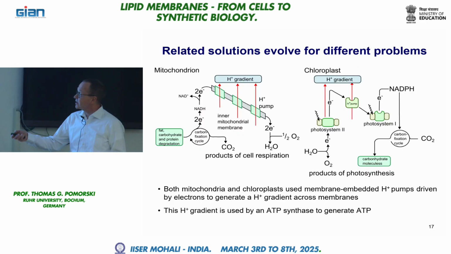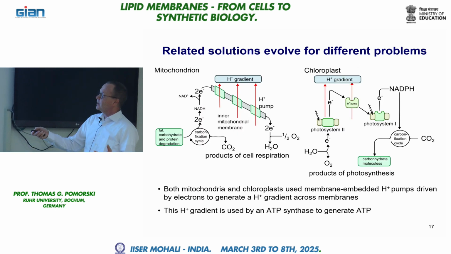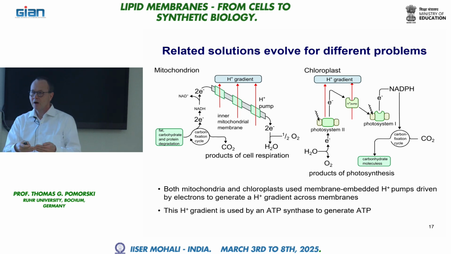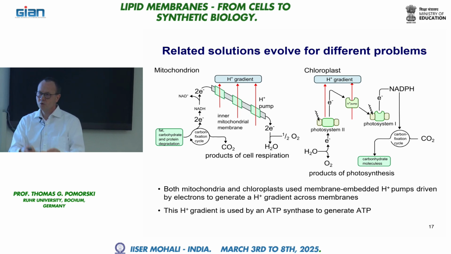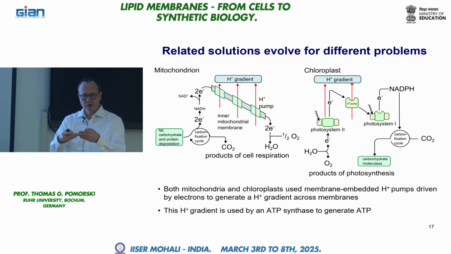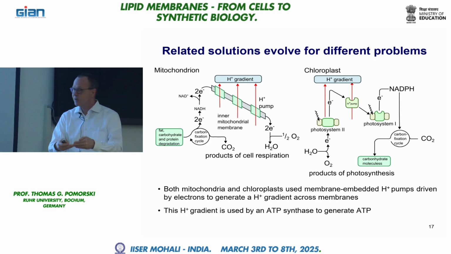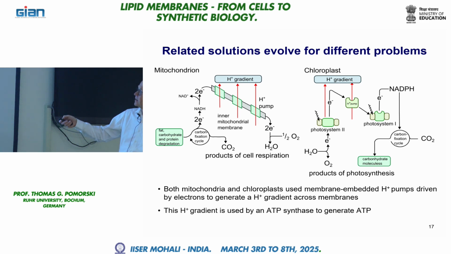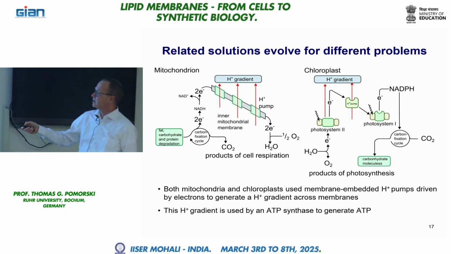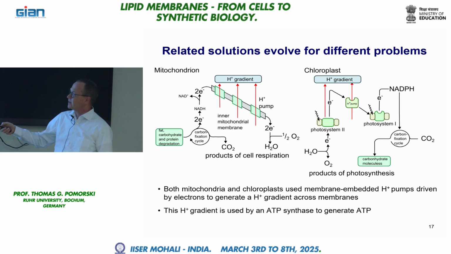Okay, so this is just a summary, showing that in evolution, nature found similar solutions for a problem: how to make ATP. In both cases, nature uses membranes, a lipid membrane. In both cases, nature uses proton pumps that generate a proton gradient. Those gradients are then used to drive an ATP synthase to generate ATP.